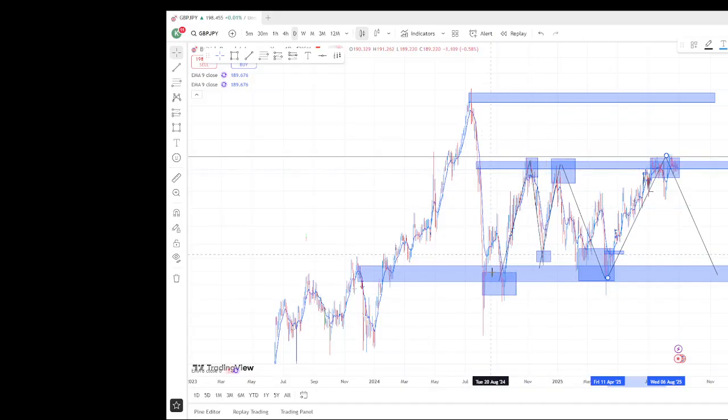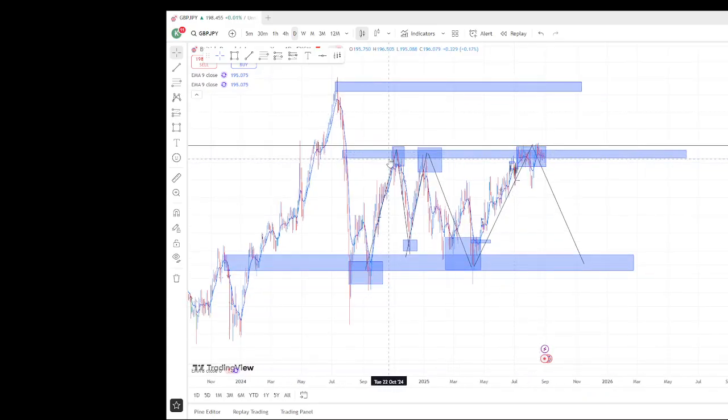So this would be more of a reversal, an indication of reversal, because as you can see, it made a higher high and then a lower high, and it just consolidated in this area. And as it did right here, it's doing right here again, it's consolidating. So we can identify that the market is in a downtrend. So we can look for sales at the coming of this month.